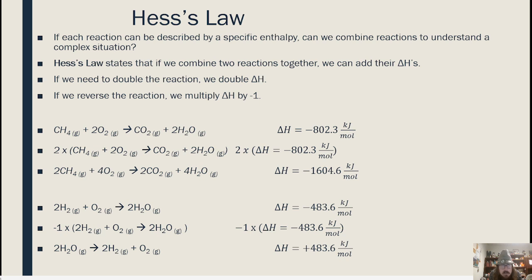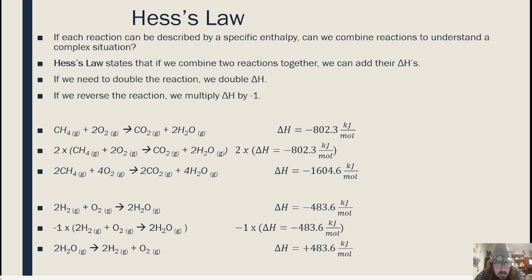Meaning, if I double a reaction, I would double its enthalpy. If I add 2 reactions together, I add their enthalpies. If I reverse a chemical reaction, I reverse its enthalpy. Here's just some direct, easy comparisons. Burning 1 mole of methane produces 802 kilojoules of heat.